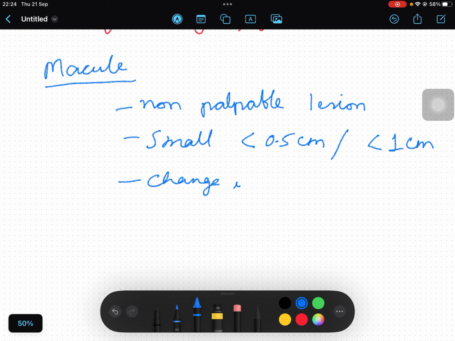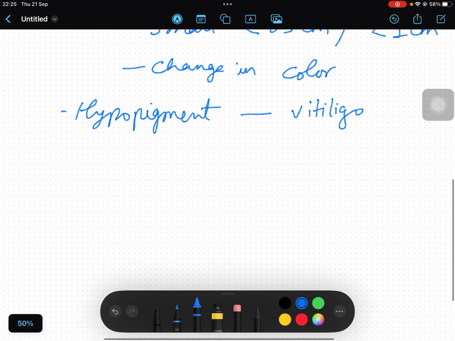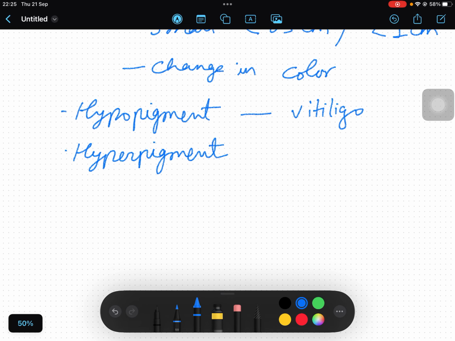The change may be hypopigmentation, that is decreased pigment, as is seen in case of vitiligo, or it may be hyperpigmented macules, as in case of, let's say, freckles, that is also known as ephelids.